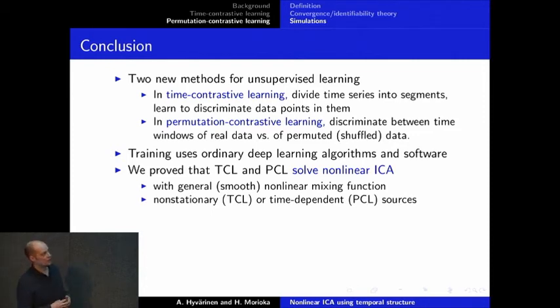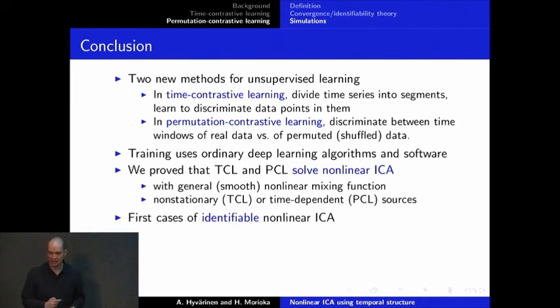But certainly it's an interesting research line, which has not really been pursued by almost anybody successfully, to try to solve nonlinear ICA by restricting the space of nonlinear mixing functions. But what we get is basically the first cases of identifiable nonlinear ICA, identifiability meaning that we can actually recover the original independent components up to some very weak, perhaps trivial indeterminacies.